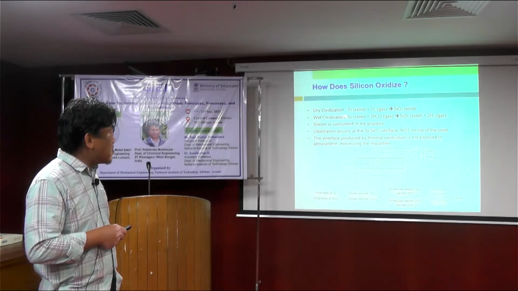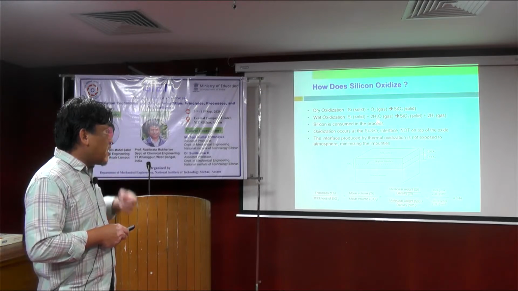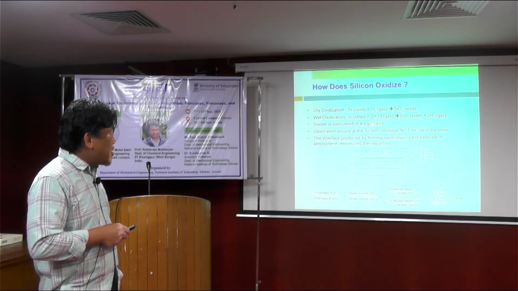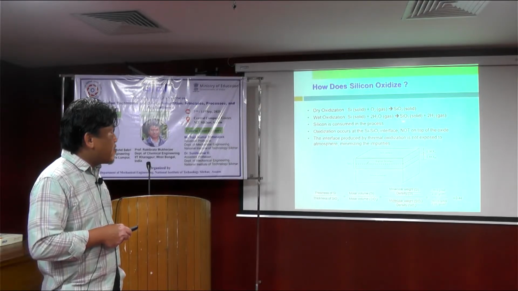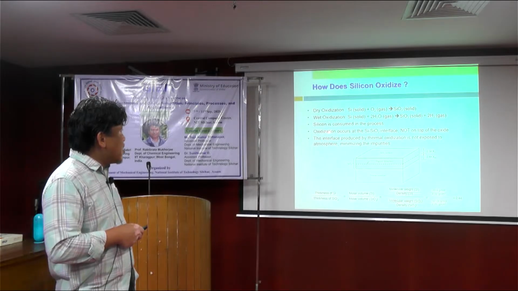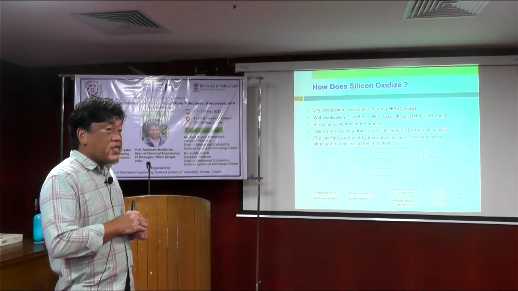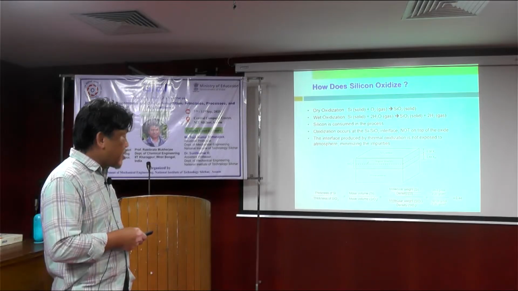And for wet oxidation, when we have solid silicon, we flow water vapor, and then we can get silicon dioxide as well. Silicon is consumed in the process because it's the reaction between silicon and oxygen to form silicon dioxide.